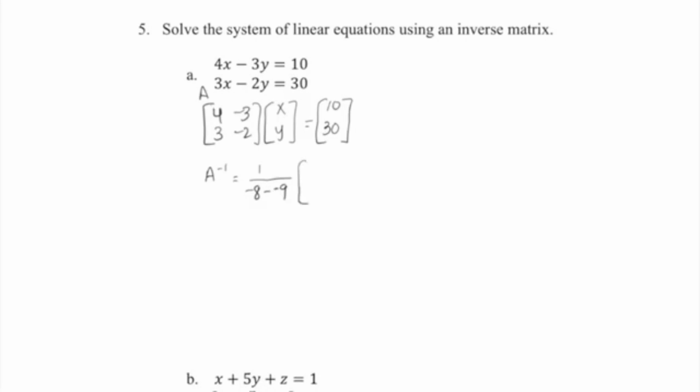And then remember A and D change places. And B and C, they don't change places, they switch signs. So that becomes a positive 3, that becomes a negative 3. So here in the denominator, negative 8 plus 9 is 1.